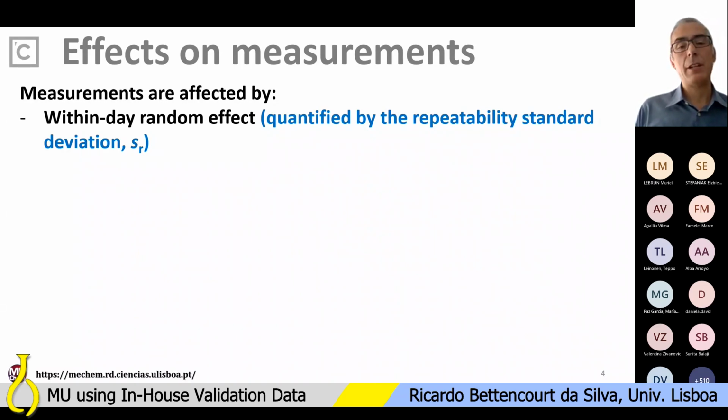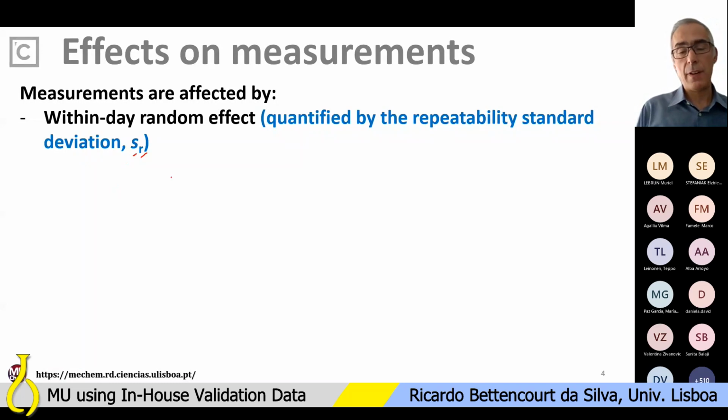This is due to within-day random effects that can be quantified by the repeatability standard deviation. The notation for this standard deviation that we will use is S with a lowercase subscript r.